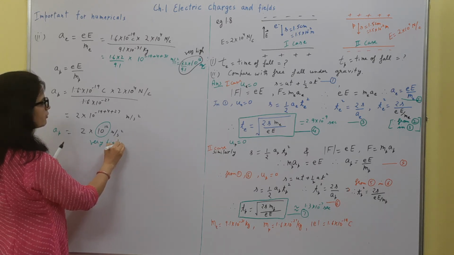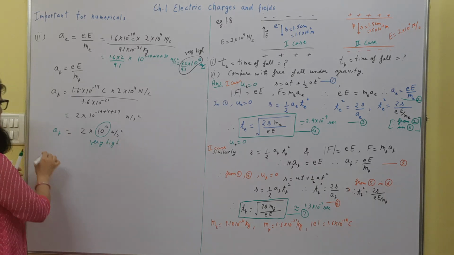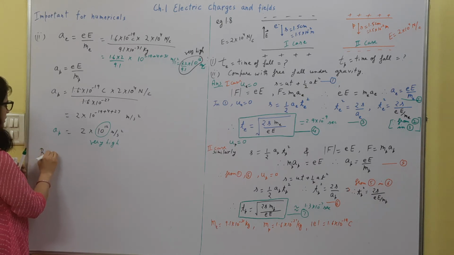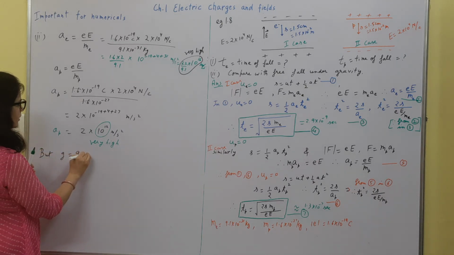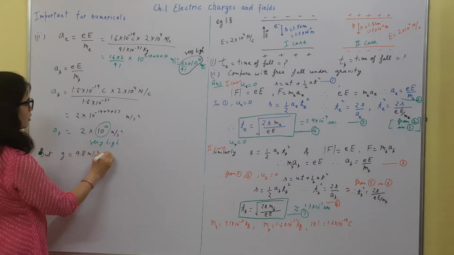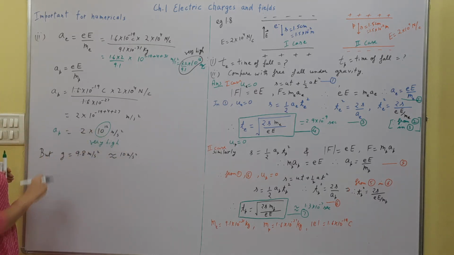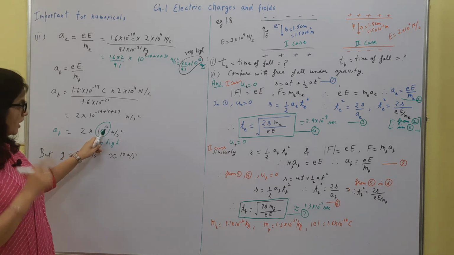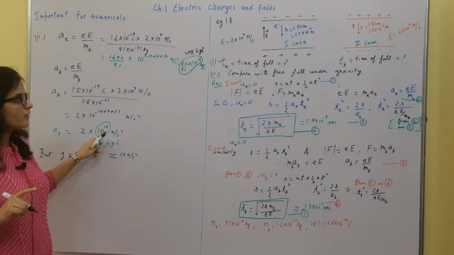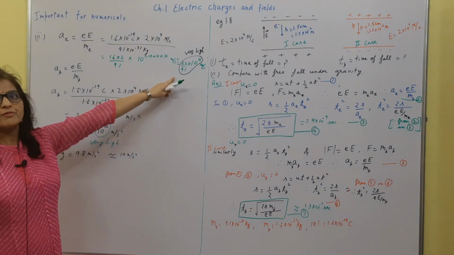Recall the value of acceleration due to gravity: g is equal to 9.8 meter per second square, or nearly 10 meter per second square. So look at this. Here it is high by a multiple of 10 to the power 11, and here by a multiple of 10 to the power 15.